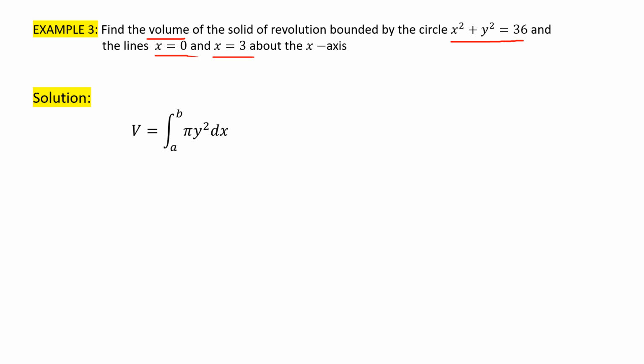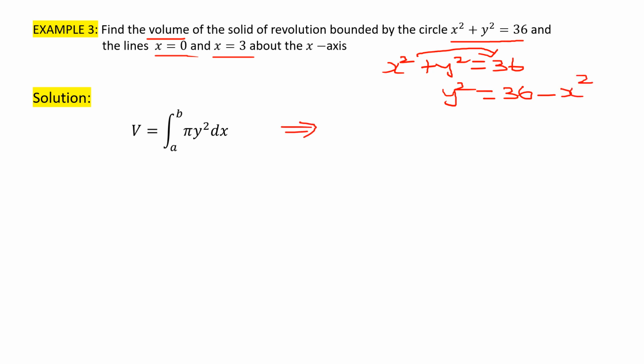But in this question we don't know anything about y. But what is given? x power 2 plus y power 2 equal to 36. From this we can easily find the y power 2 value. That is y to the power 2 equal to 36, x power 2 I just move to the right hand side, so this will become minus x power 2.